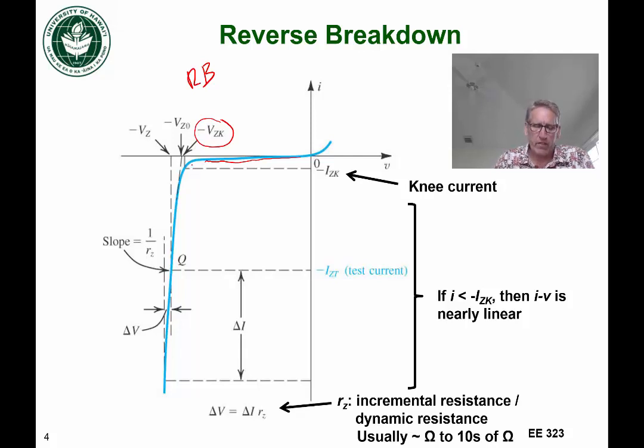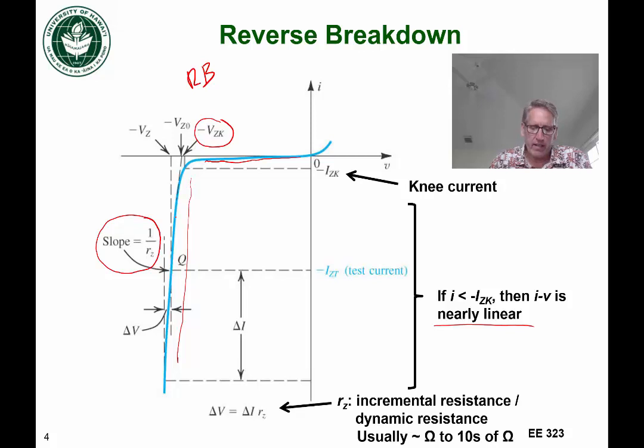Now, once the diode is on in this reverse bias region, we can see that the current voltage relationship in this area is nearly linear. And so we approximate this as linear for circuit applications, and the slope of that line would be 1 over RZ, where RZ is the Zener resistance.